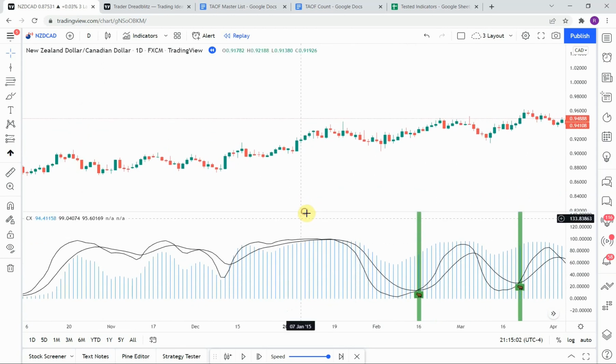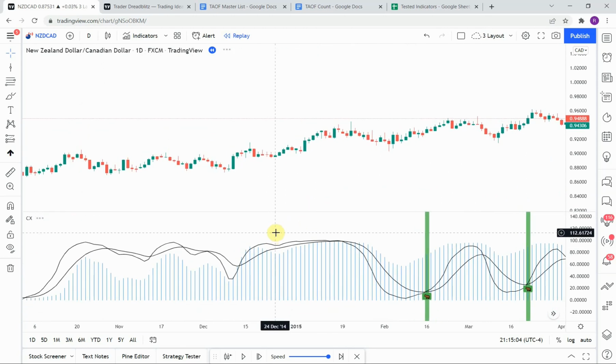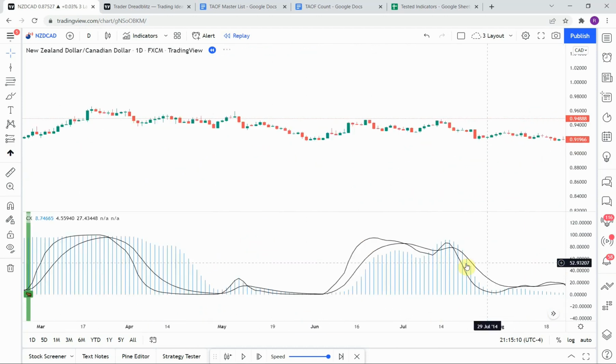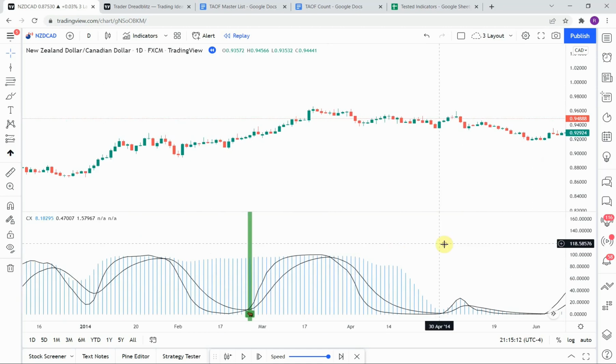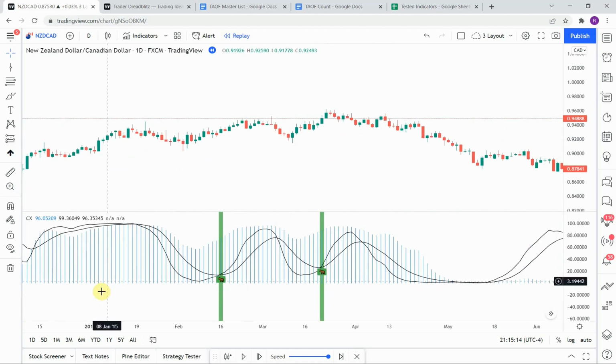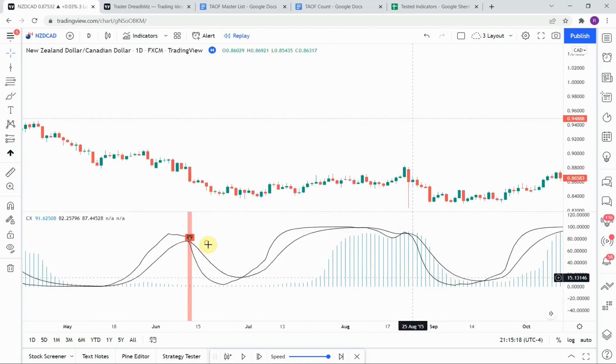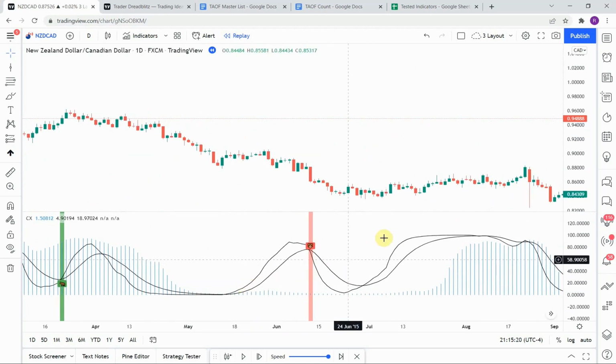If you want to know more exactly about the indicator, go ahead and visit the indicator's page. It gives a little more information about what is going on with this indicator and the specific signals that it gives. But essentially, when we get the red bearish tag on the screen, we're going to go short.